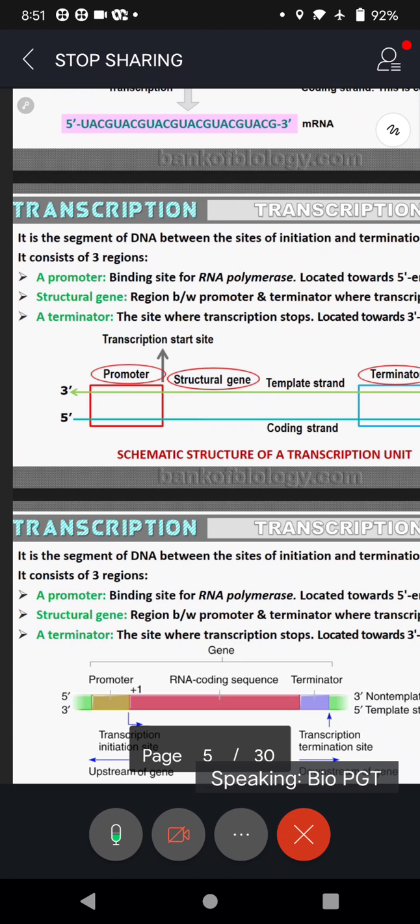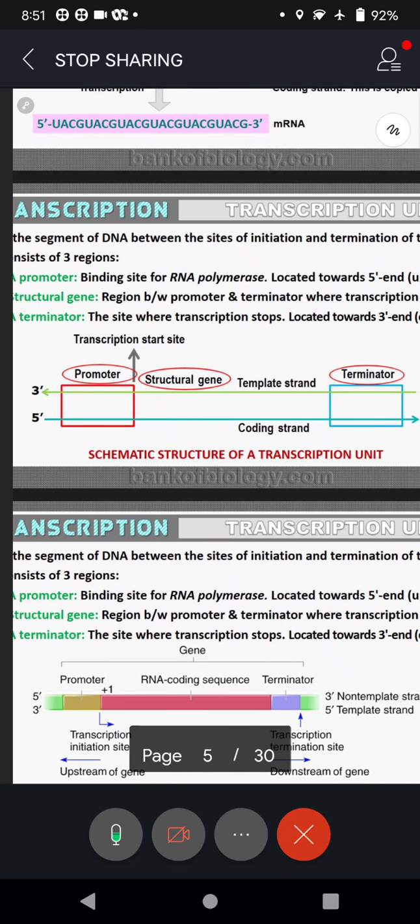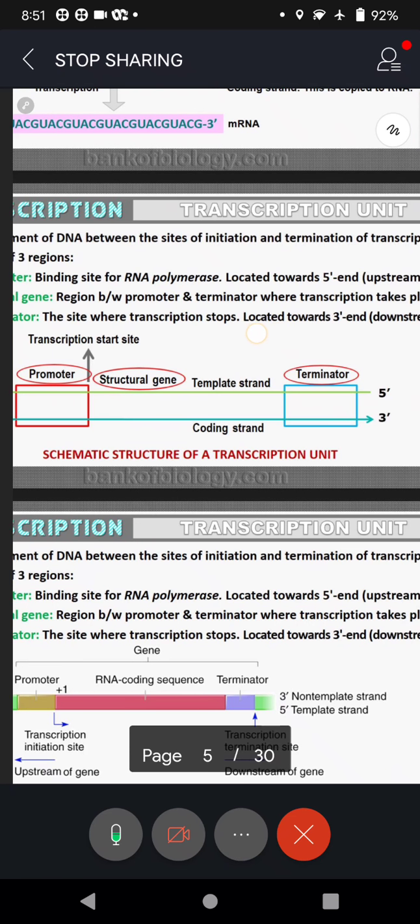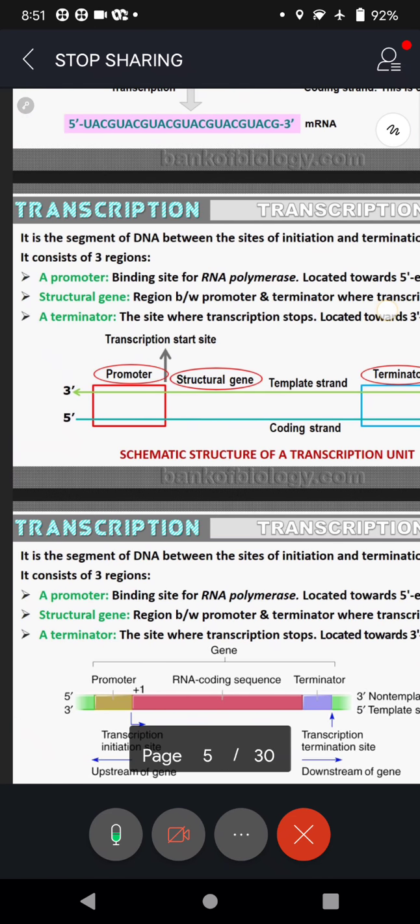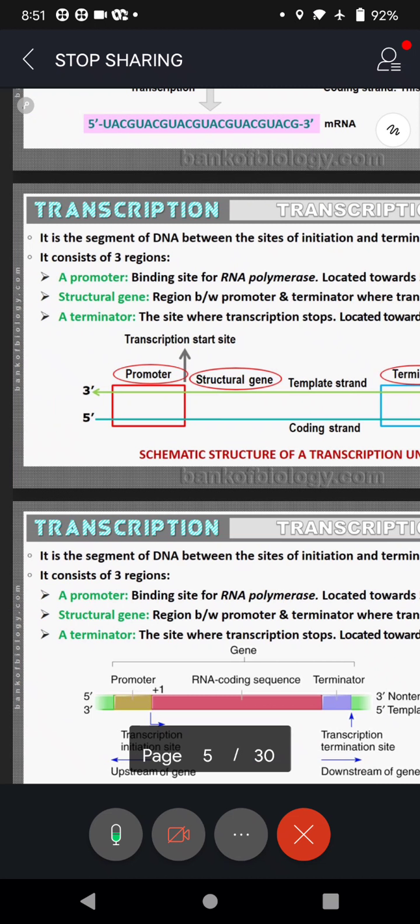So basically it is the segment of DNA between the sites of initiation and termination of transcription. It consists of three regions, as we said. First one is the promoter region. It is the binding site for RNA polymerase. What is RNA polymerase? Just now we discussed.